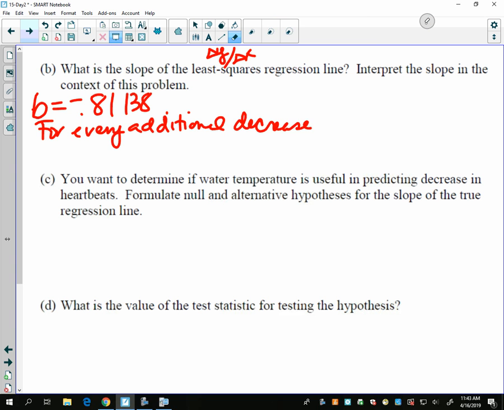For every additional... No, not decrease. No, for every additional temperature or degree. For every additional degree. Well, no, for every additional degree. Yes. For every additional degree.